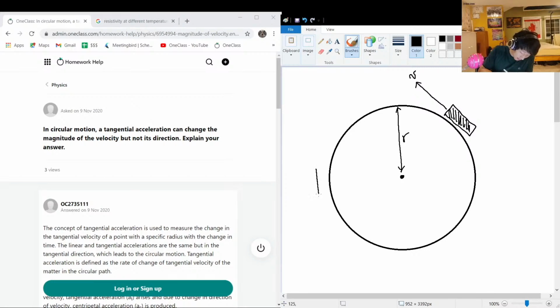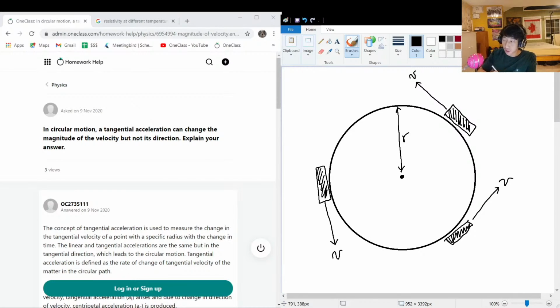If we get to this area, we can see that our tangential velocity is going pretty much the opposite direction of where it was going before, but still along the circular path. And over here, it's a similar story. The magnitude might be the same, but the direction is clearly different.